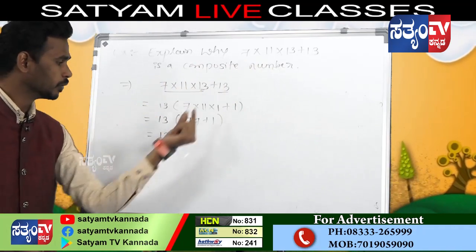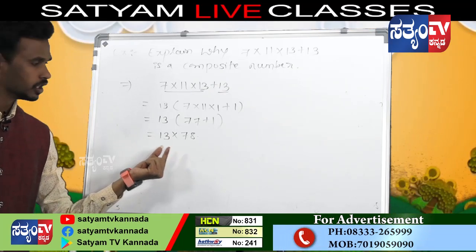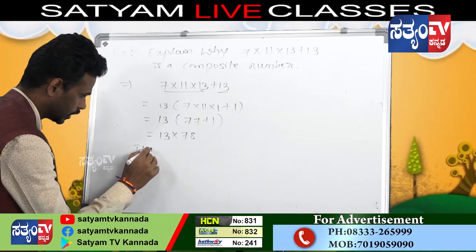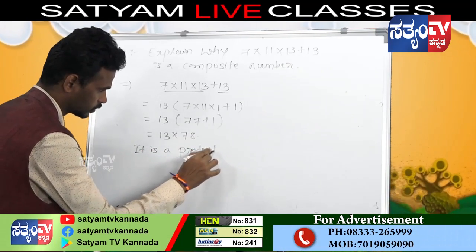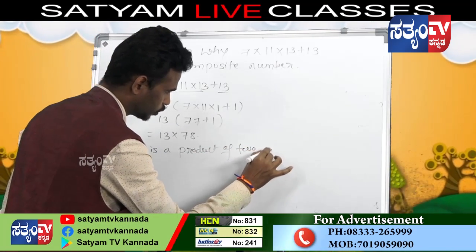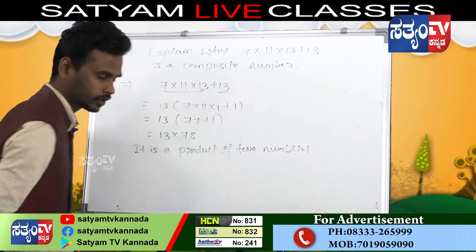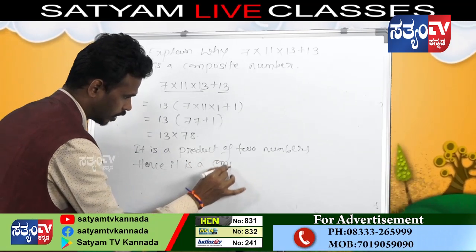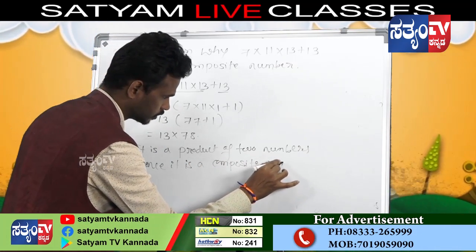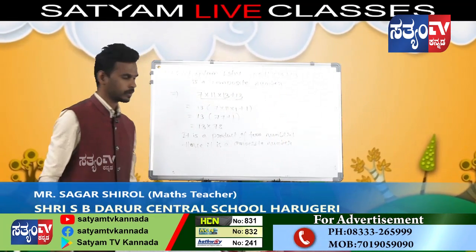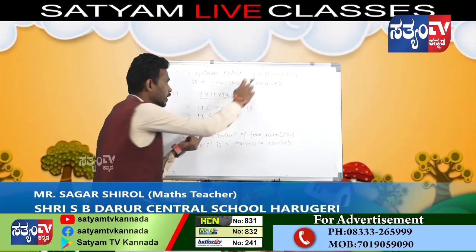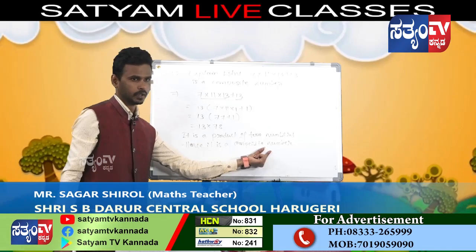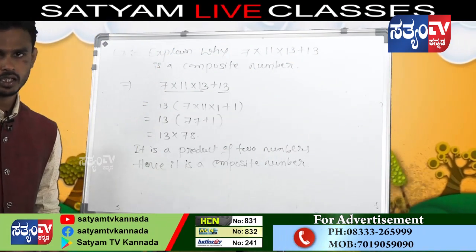So here the given number can be expressed as a product of two numbers, hence it is a composite number.